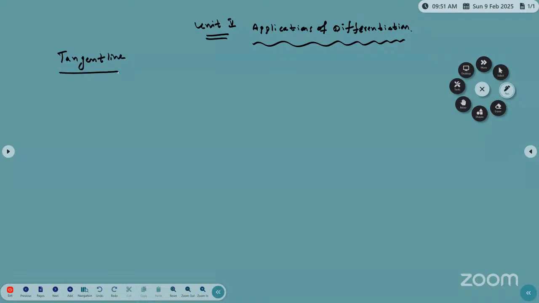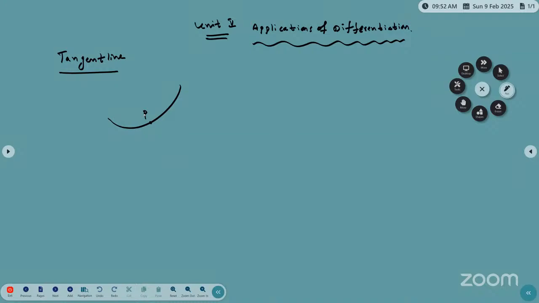Can anyone say what is a tangent line? It is a curve. Assume P is any point on the curve.